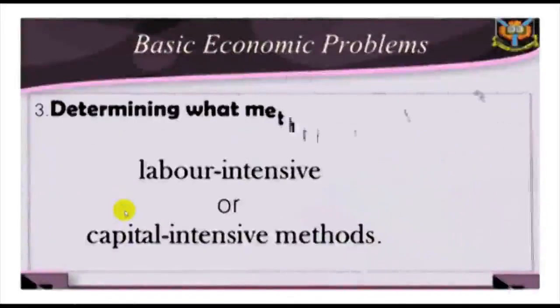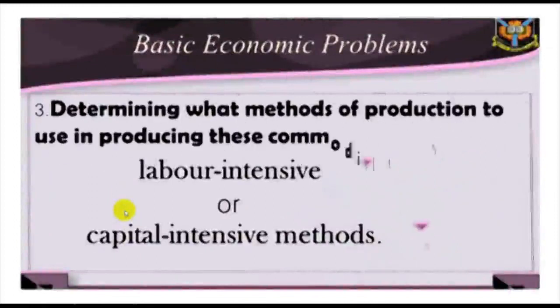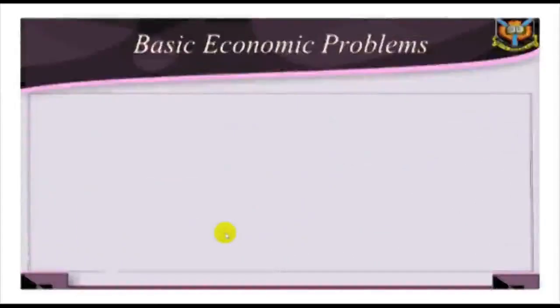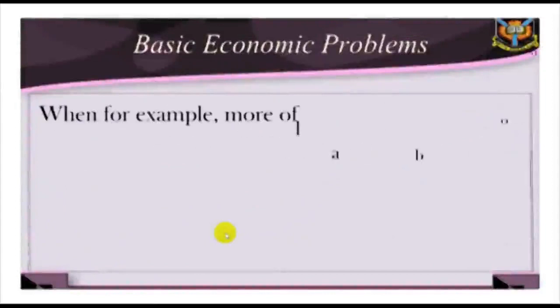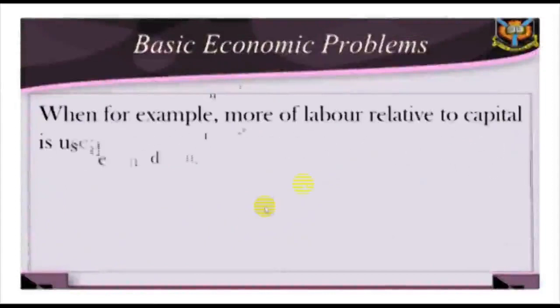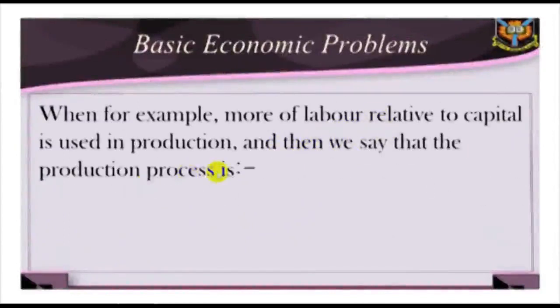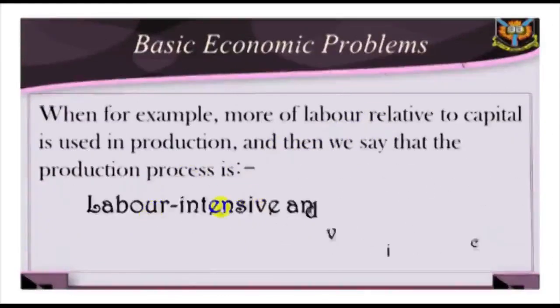There are two methods of production: labor intensive or capital intensive. When, for example, more of labor relative to capital is used in production, then we say that production process is labor intensive and vice versa.